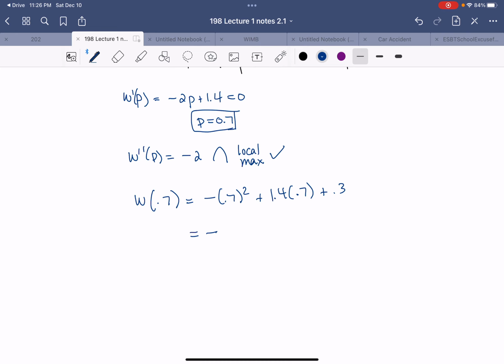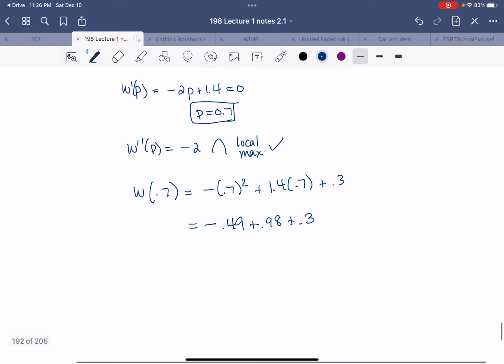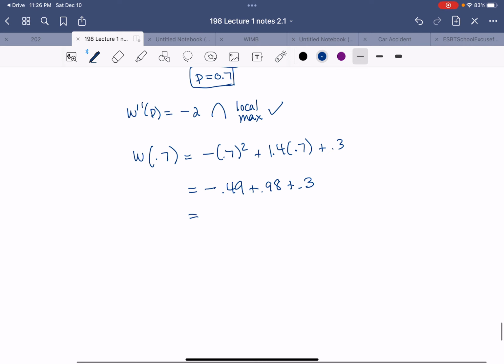And this turns out to be negative 0.49. Let's see. 14 times 7 is 49 times 2, which is 98. So plus 0.98 plus 0.3. And that's going to give us 1.28 minus 0.49.